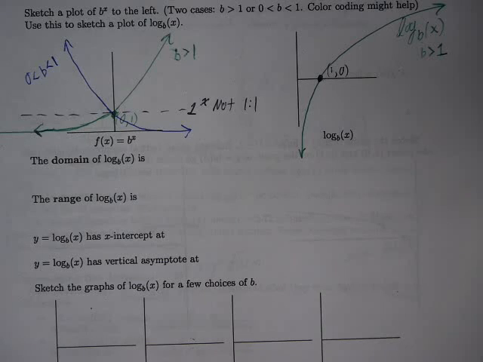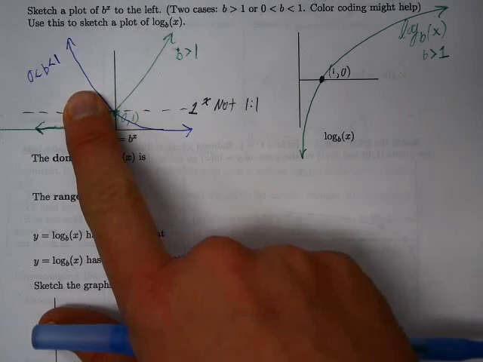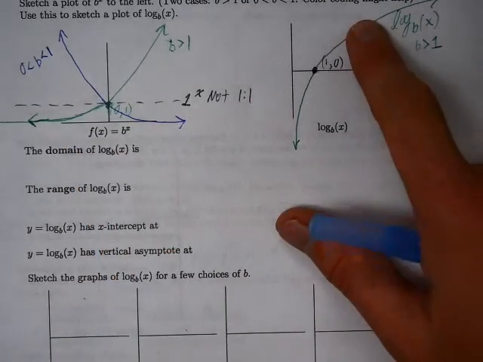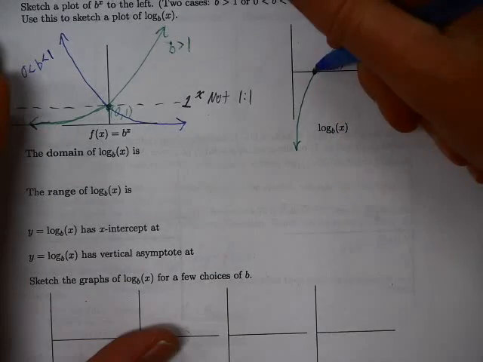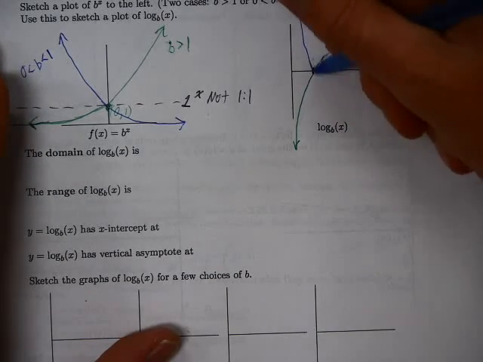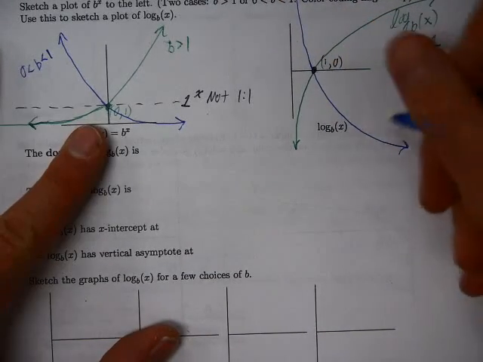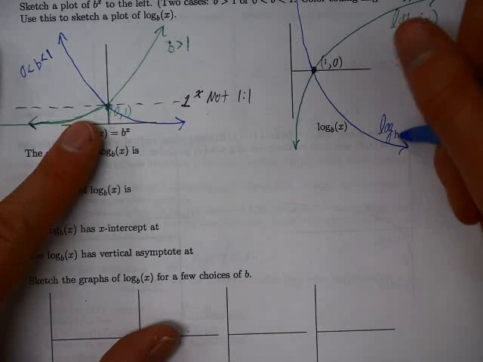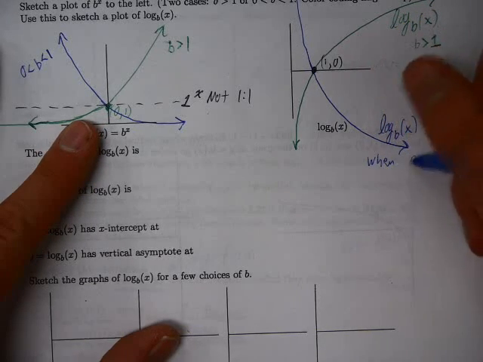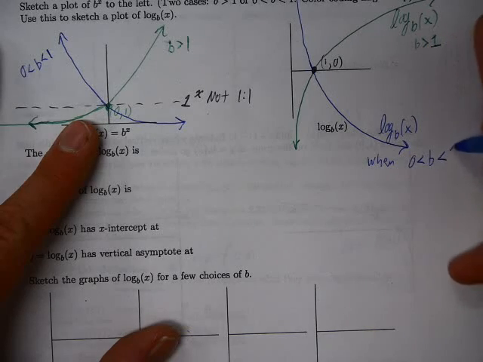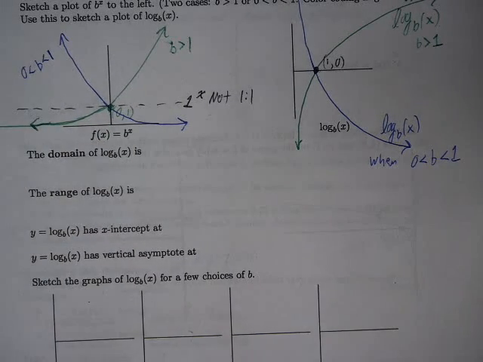So instead, to get log base b of x when b is between 0 and 1, I'll just take this graph and flip it over the x-axis. So there's the graph of the log base b of x when 0 is less than b is less than 1. Nice. And now let's even just double check some things that you already know by looking at these graphs.